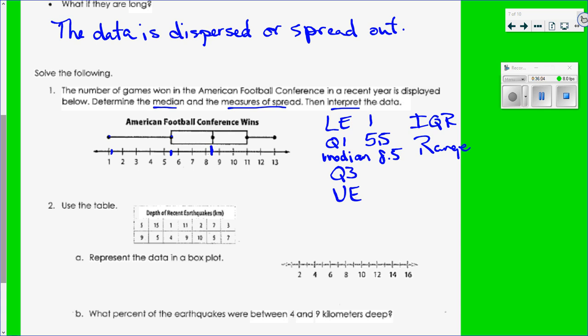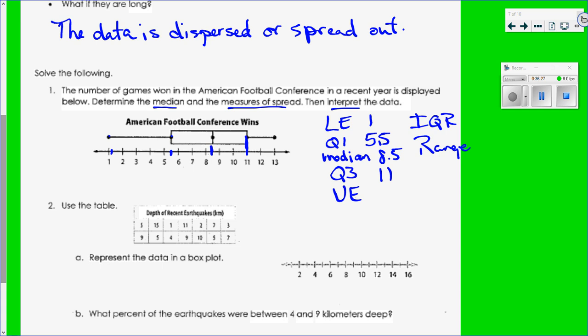So my Q3 is, what do you think, Jake? Do what? 11. No, just 11. It's right above it. Go right above the 11. It's right there.